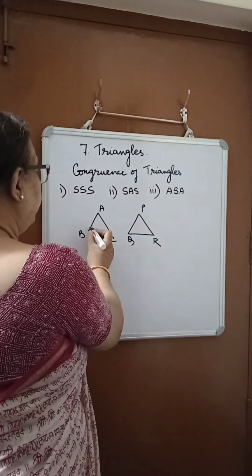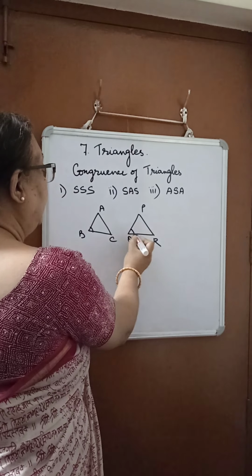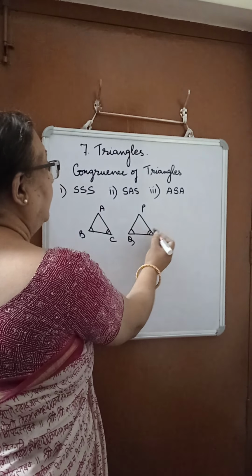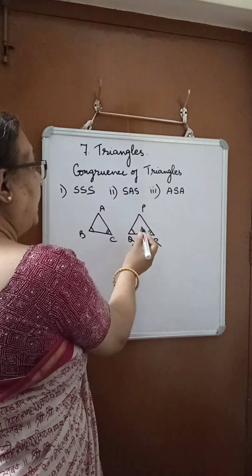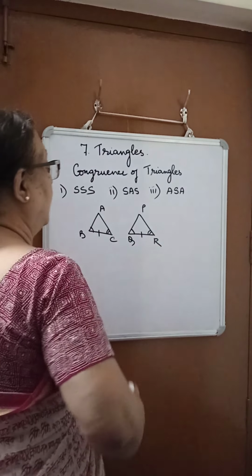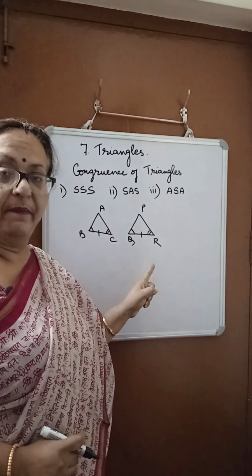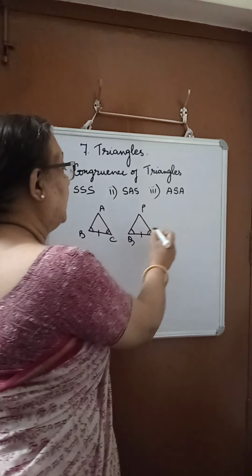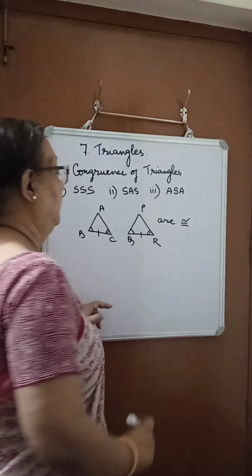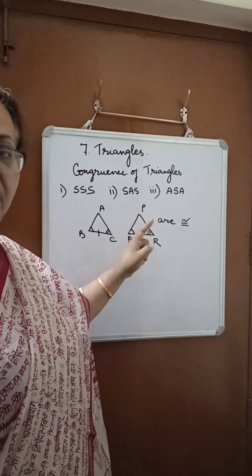So suppose this angle is equal to angle Q, angle C is equal to angle R, and the side between the two angles, this one, BC equal to QR. If this happens, then the triangles are congruent. These two triangles are congruent.